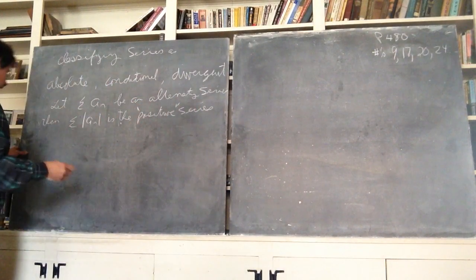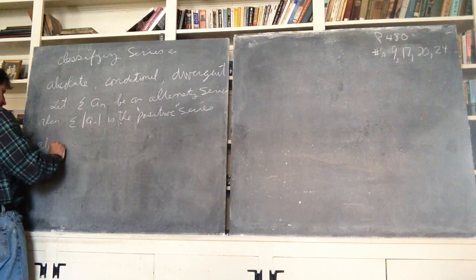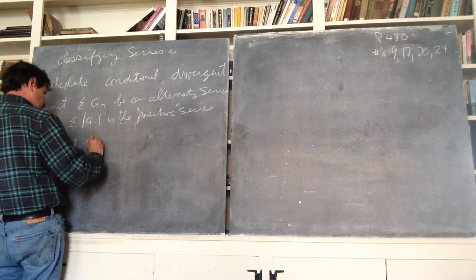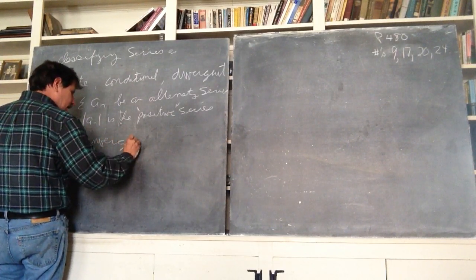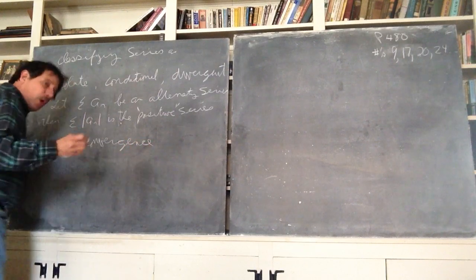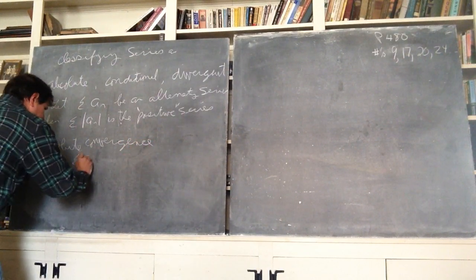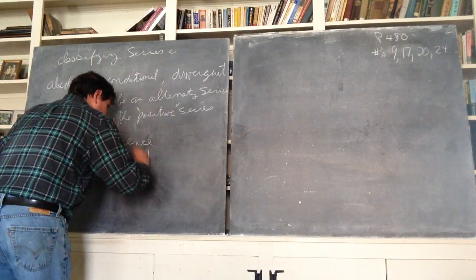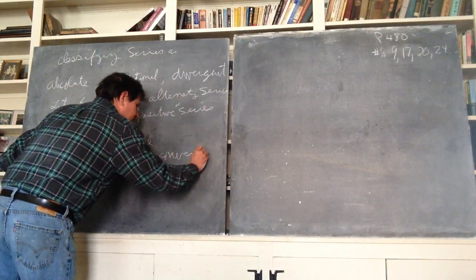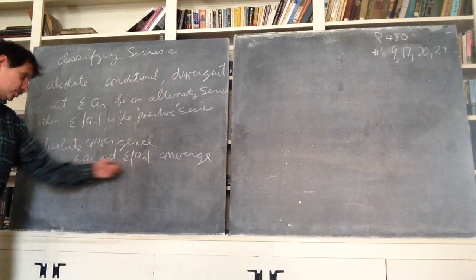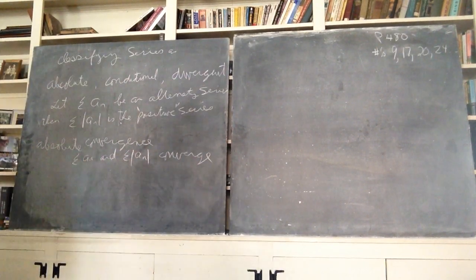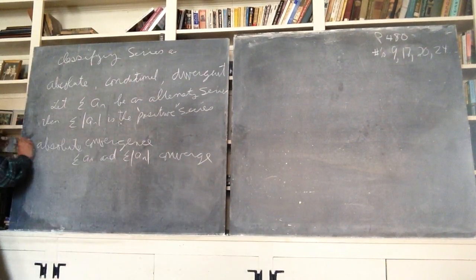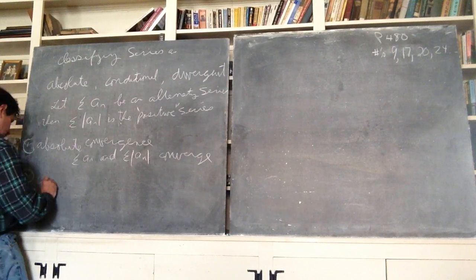And the way you do that, absolute convergence means both of them converge. And all you have to do is show that one converges, and certainly the alternating one does. Then there's conditional convergence.